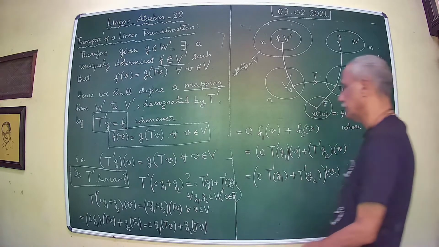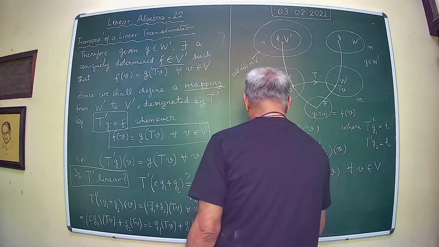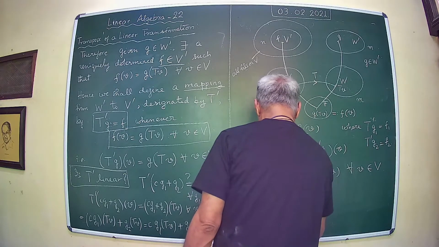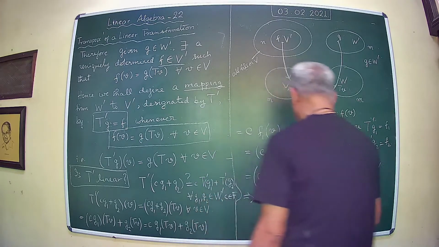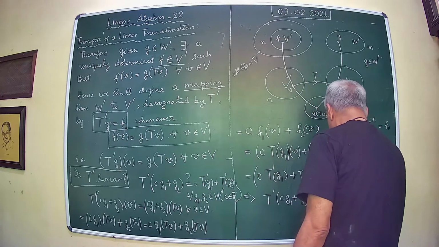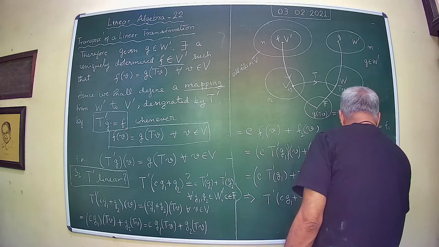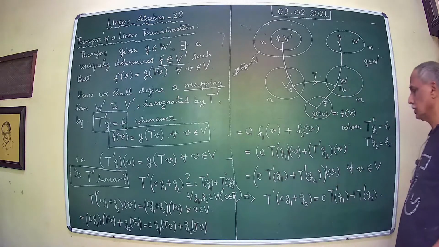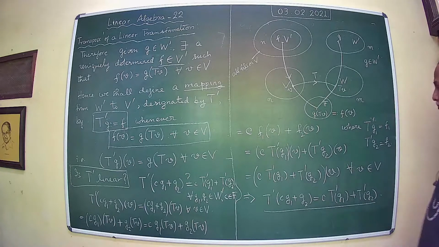What does this mean? This implies T prime of C times, so this is what we have proved.